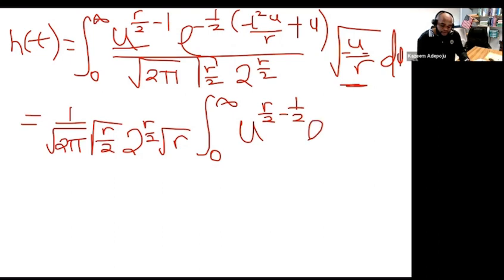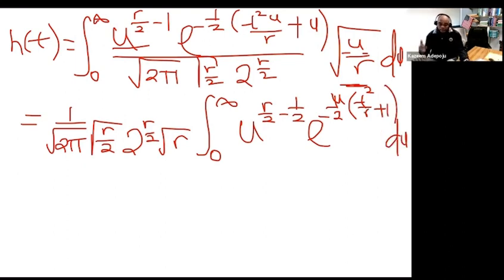Then I have exponential raised to the power of this guy, and u is common, so I can bring the u out, giving t squared over r plus 1 times u. It's taking shape.